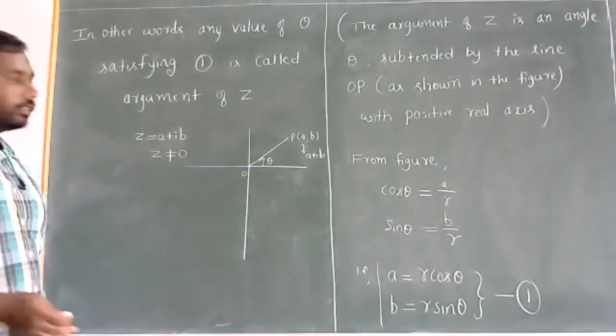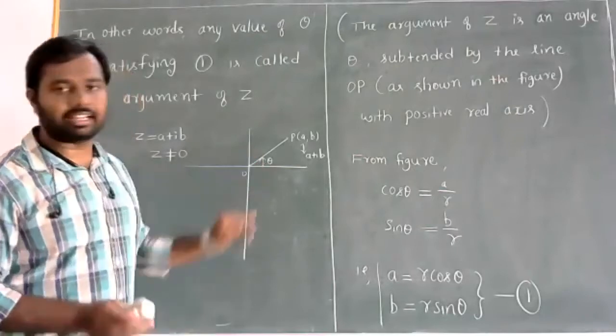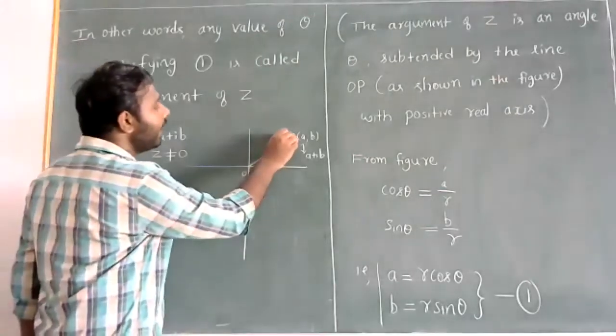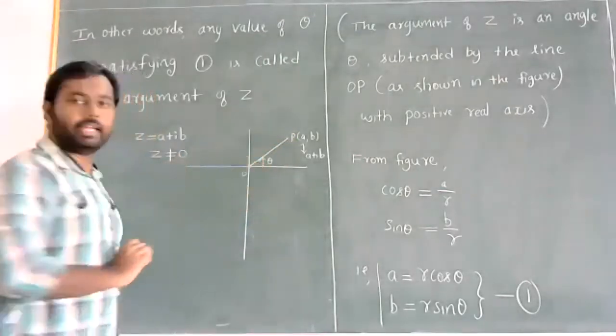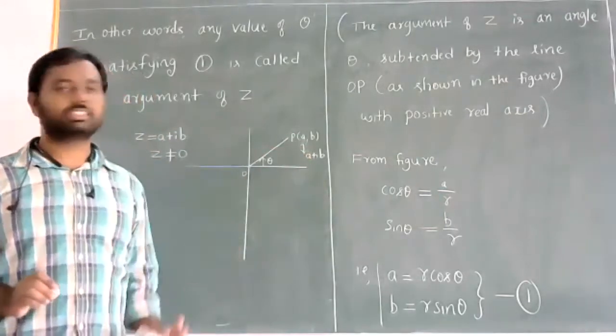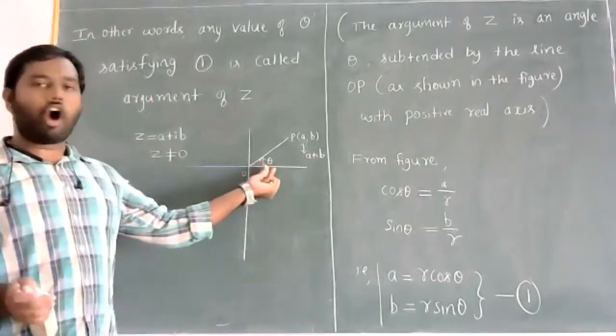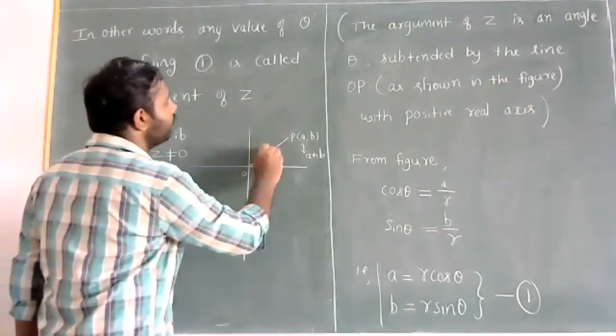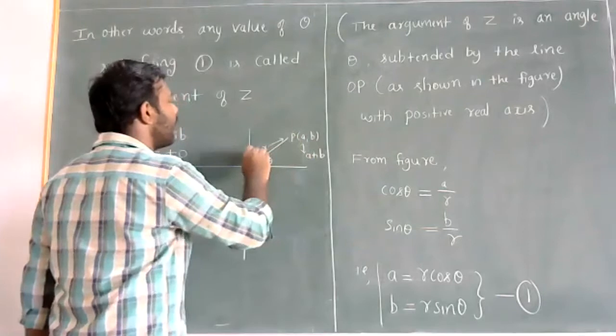Okay, so the angle made by this line OP with respect to positive real axis is called argument of z, where length of this line is r.